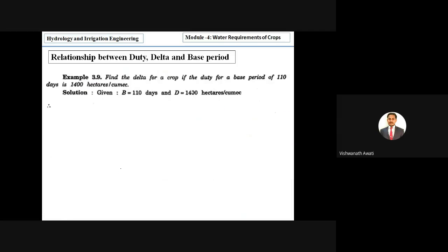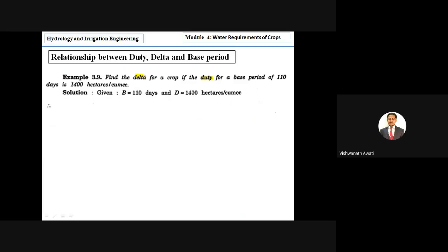Next, we'll solve some problems. The problem is not so important, but we'll go through it. Find the delta for a crop if the duty for the base period of 110 days is 1400 hectares per cumec. Here they have given the duty as well as the base period.